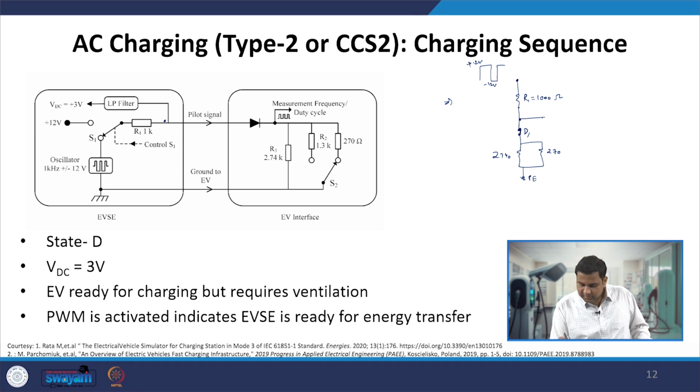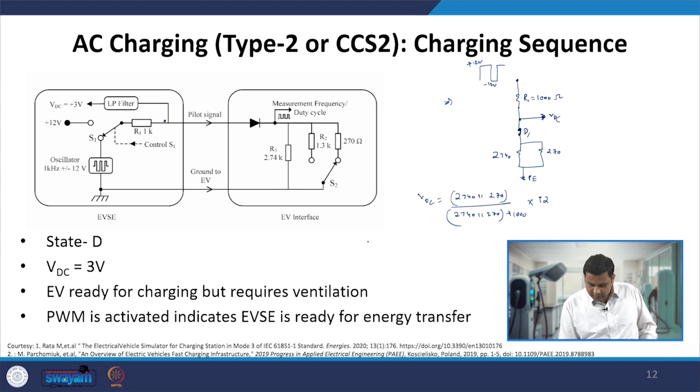At this place, if we see the VDC, because of the diode, only the positive voltage will be appearing. So, at this point VDC will become 2740 in parallel to 270 ohm divided by 2740 in parallel to 270 ohm plus 1000 ohm, multiplied by 12 volt.